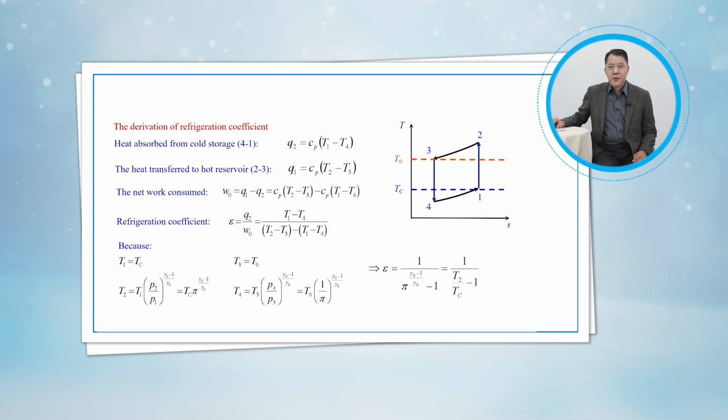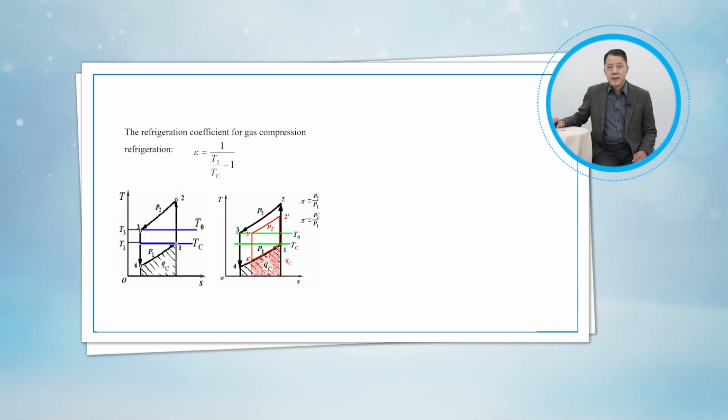then the refrigeration coefficient can be simplified. The refrigeration coefficient for gas compression refrigeration, or the reversed Brayton cycle, is. The refrigeration coefficient for the reversed Carnot cycle is.